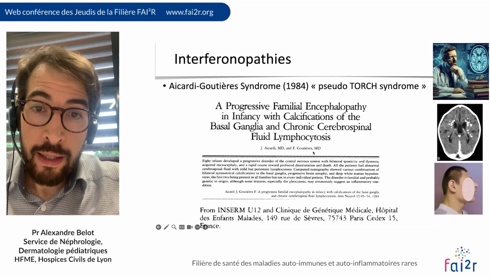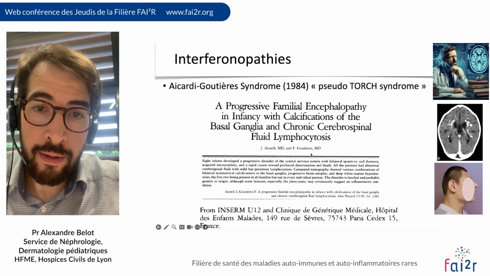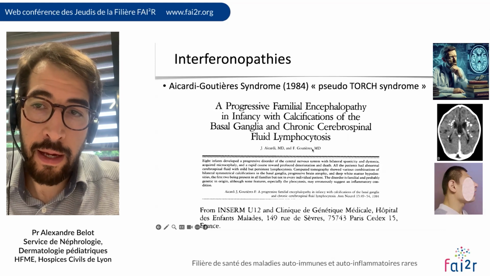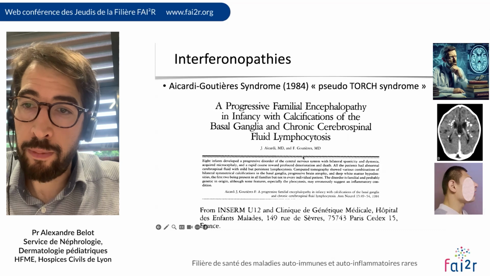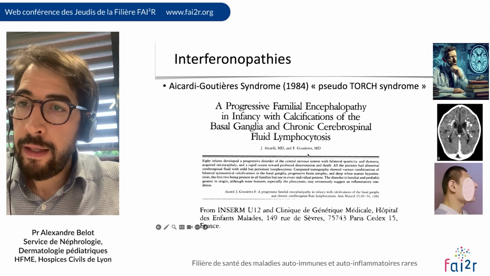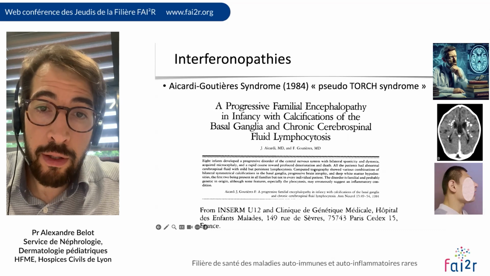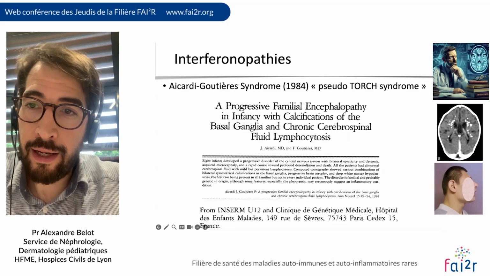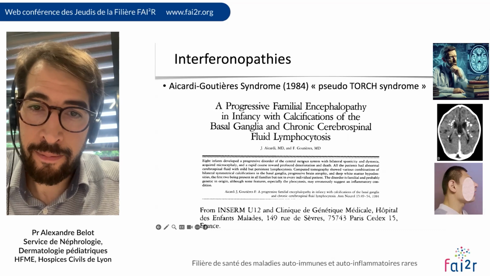At the time, they looked for congenital infection, but did not identify any infection by toxoplasma, CMV, rubella, etc. It was even recurrent in the same family, highly arguing for something genetic.